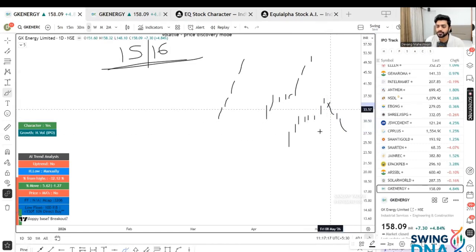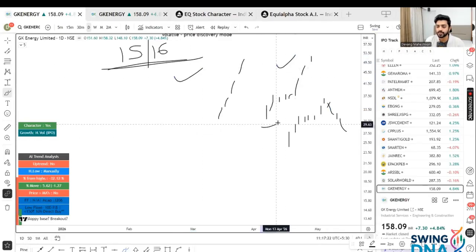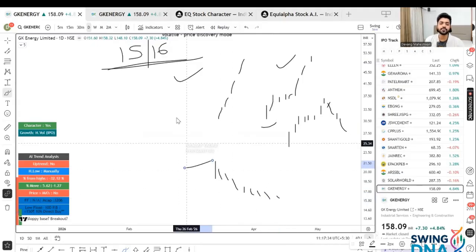So this is the first case, second case, third case, where it tries moving up after a pause, but it fails. Fourth is it simply gets listed and starts falling. These are 4 types of price action: a direct blast, a pause and move, a pause, trying to move and falling back, or it simply falls down.